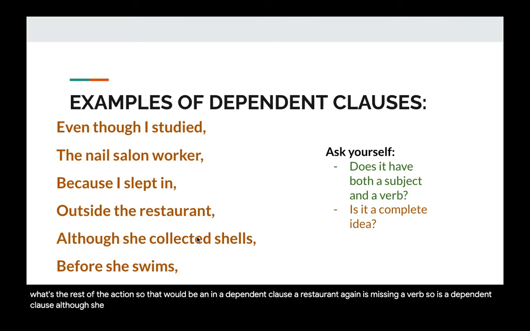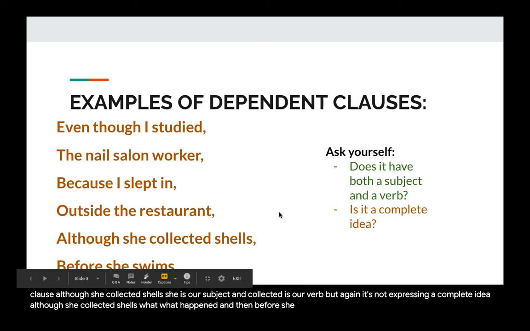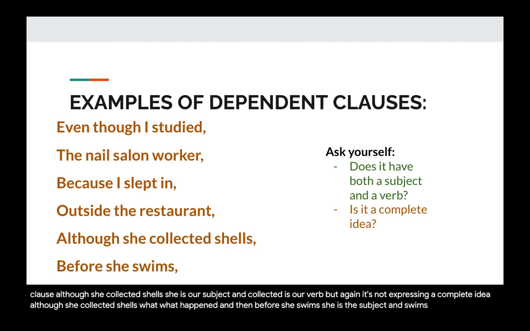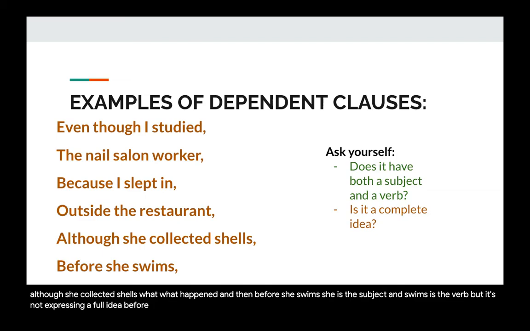Although she collected shells, she is our subject and collected is our verb, but again, it's not expressing a complete idea. Although she collected shells, what? What happened? And then before she swims, she is the subject and swims is the verb, but it's not expressing a full idea. Before she swims, what's the action?